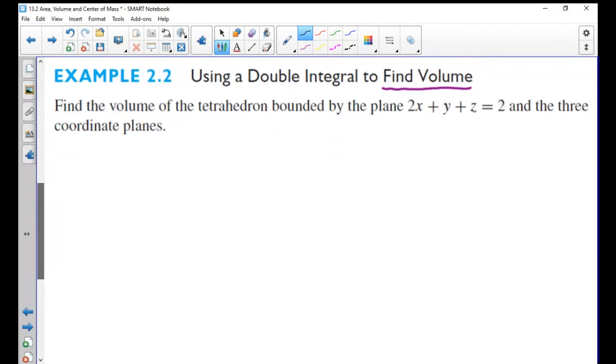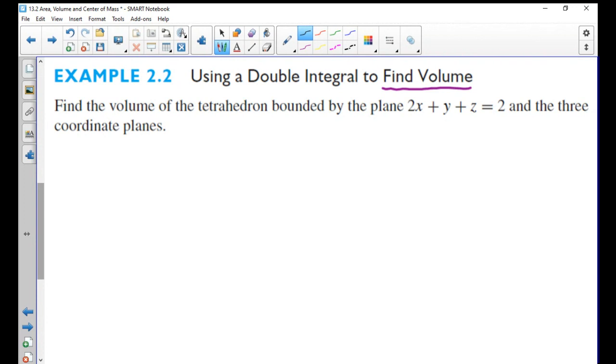Okay. So I want to find the volume of the tetrahedron bounded by the plane 2x plus y plus z equal 2 and the 3 coordinate planes.